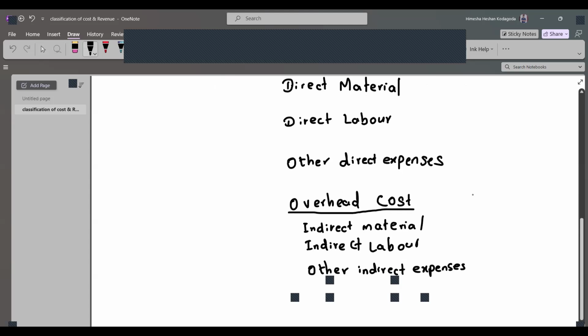Right? So these three: direct material, direct labor, and other direct costs.